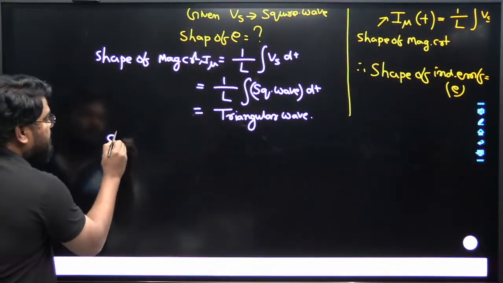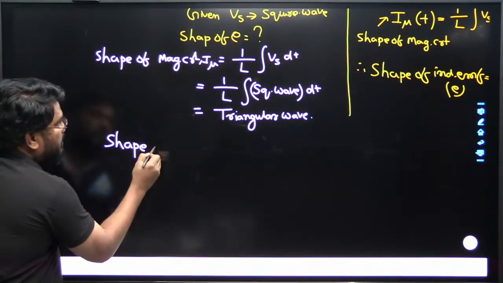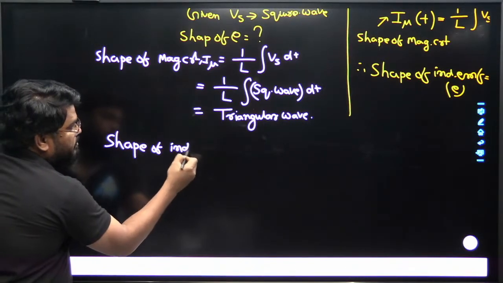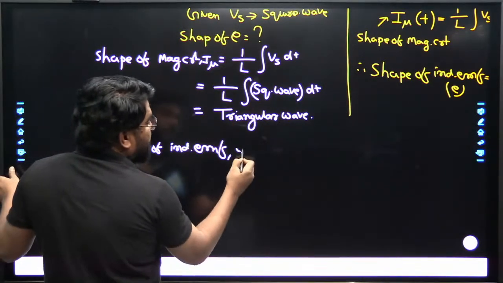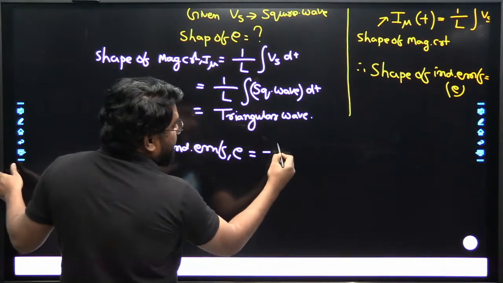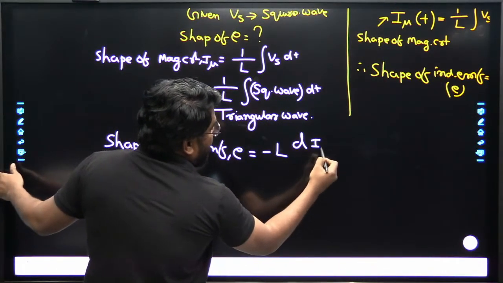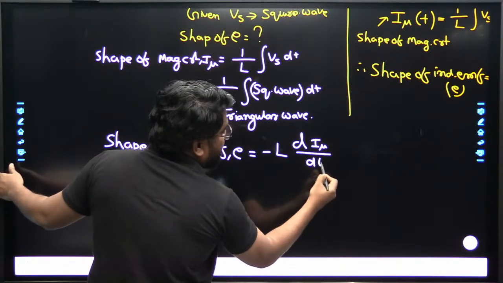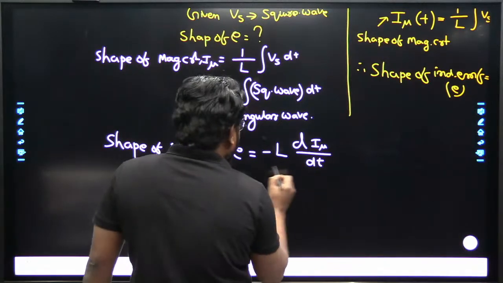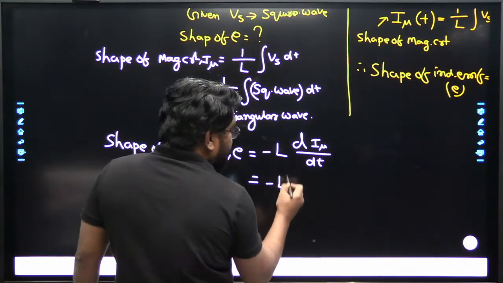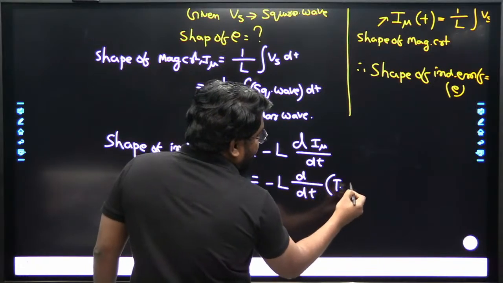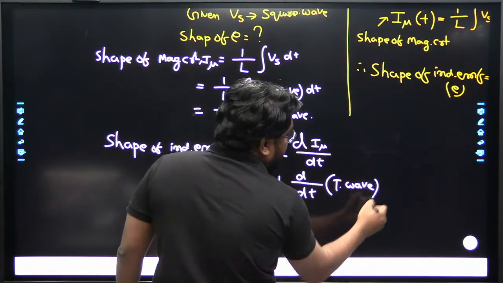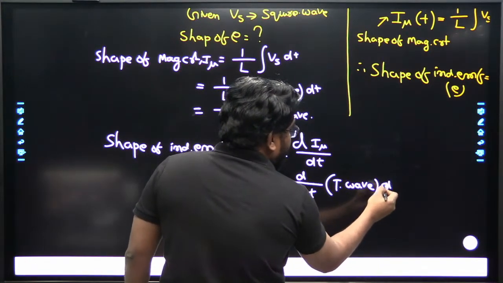Next, we require the shape of the induced EMF. This induced EMF is minus L d i_mu by dt. Substituting here, it is equal to minus L times the differentiation of the triangular wave with respect to time.